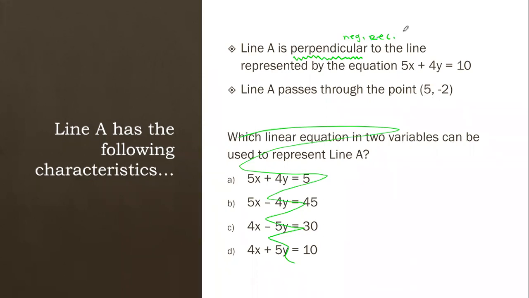Line A is perpendicular to the line 5x plus 4y equals 10. And line A passes through the point 5, -2.